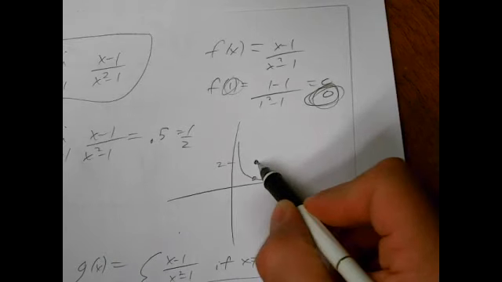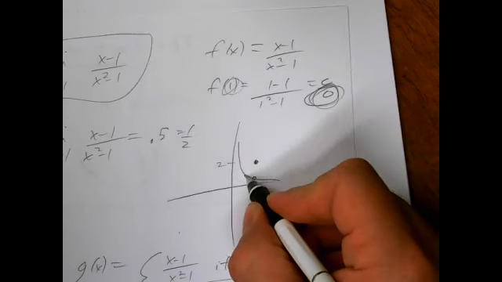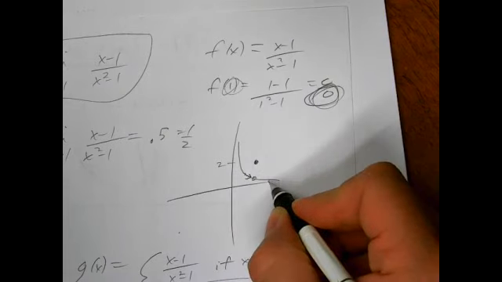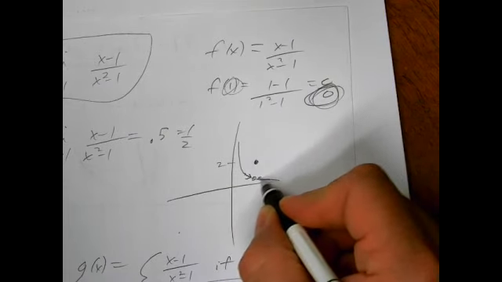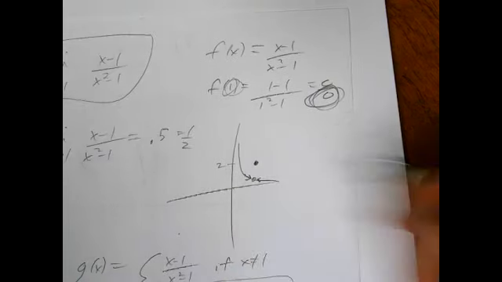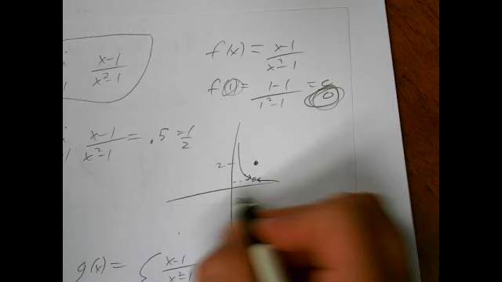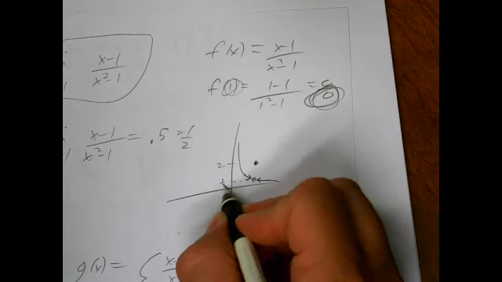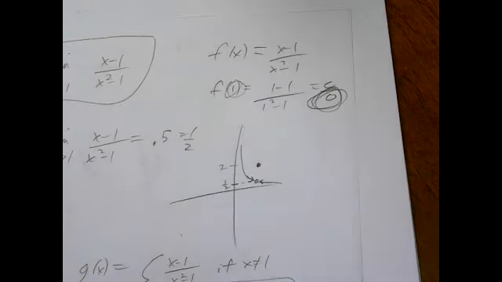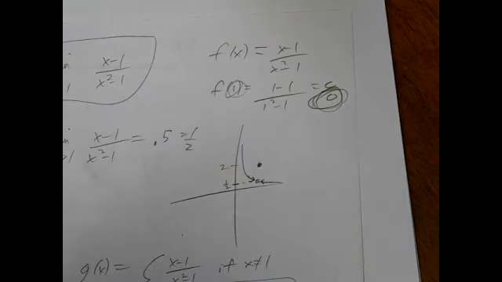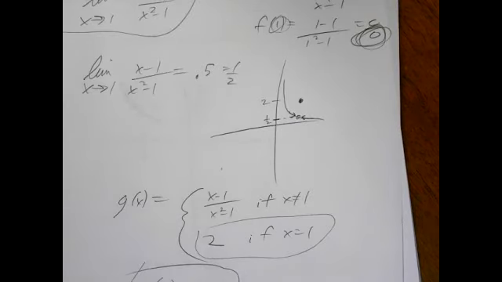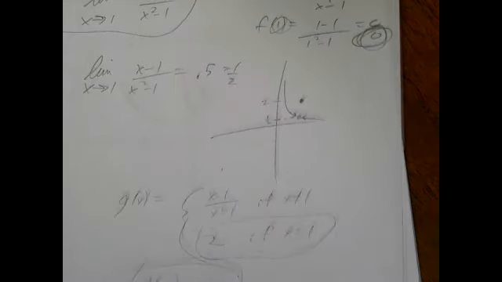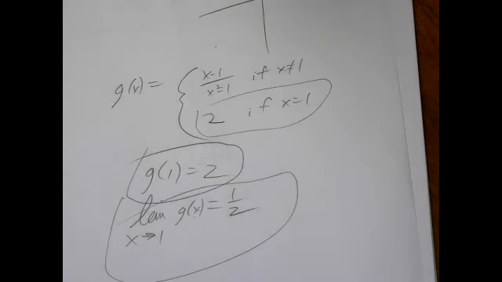I do not care that the actual function value is up here. I care that as I approach and get close from the left, and as I approach and get close from the right on the x-axis, on the y-axis, it's approaching 1/2. I don't care what the function equals. I don't care if the function's even defined at that point.